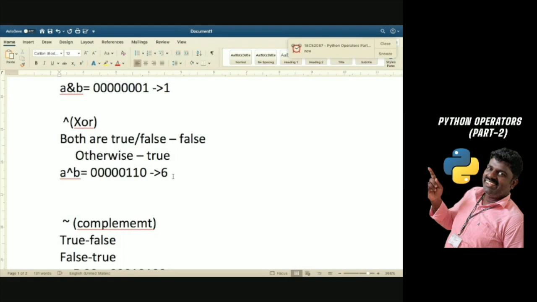From the name itself you can understand: the digit is shifted towards the right, so the last two will be removed. In left shift the first two will be removed because we are shifting towards the left, so 2 bits have to be added towards the right. Then you get the corresponding decimal value. This is how we are doing the bitwise operators.